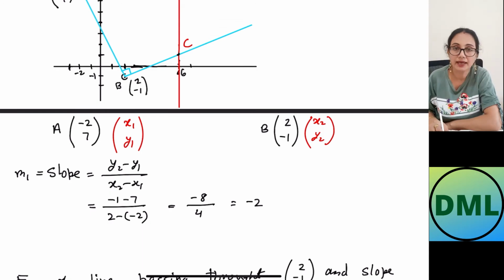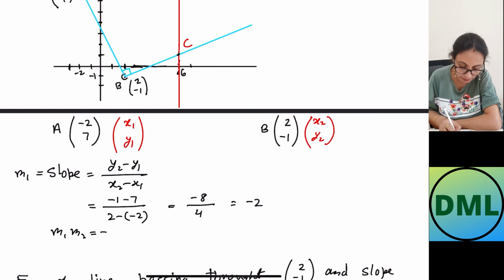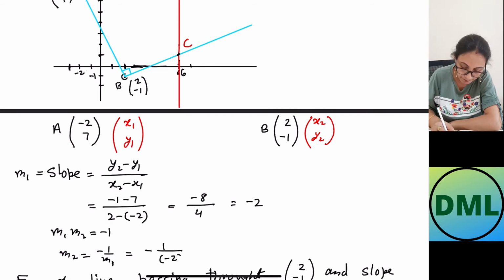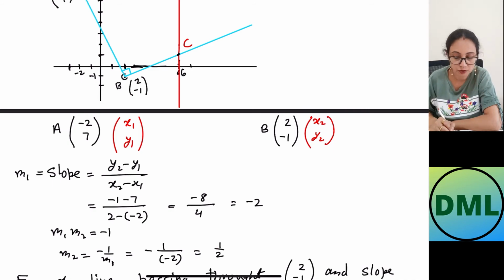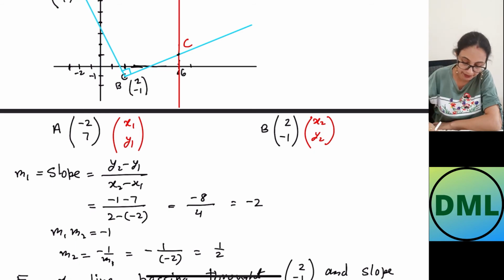So this is m1. I need to find out the perpendicular line slope. So I know the formula m1 m2 is equal to minus 1. So from here m2 is equal to minus 1 over m1. If I substitute the values here, it will be minus 1 over minus 2, so that is equals to half. So the perpendicular line slope is half. Now I have to write down the equation of a perpendicular line.